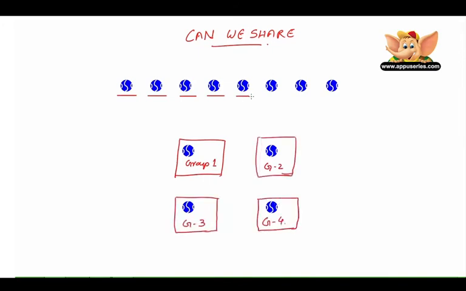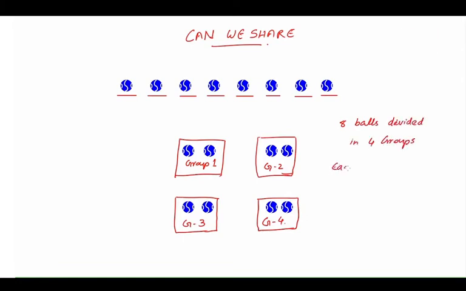Now I take another ball from the top and place it in the first group. Now I'm going to take this one to the second group. And I'll take another one into the third group. And this last one goes into the fourth group. So we have divided these 8 balls into 4 equal groups, right?